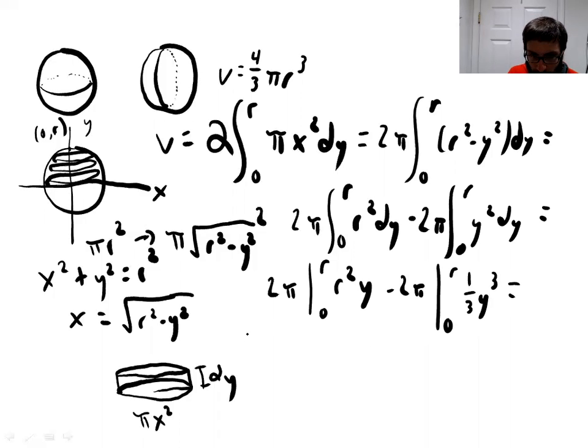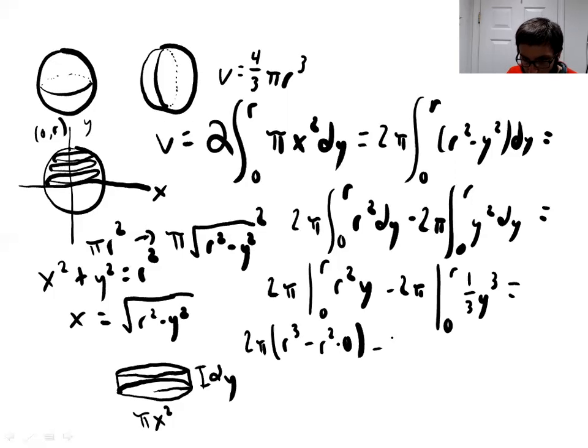So now we can go ahead and plug in our values of our bounds here, r and 0. So we're going to get 2 pi times r cubed minus r squared times 0.